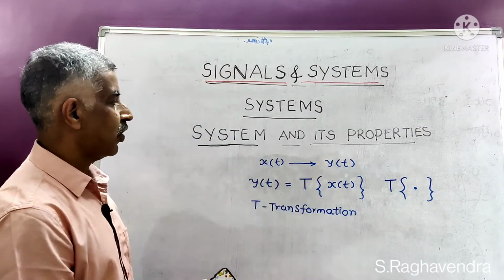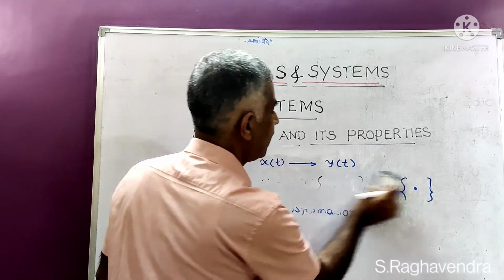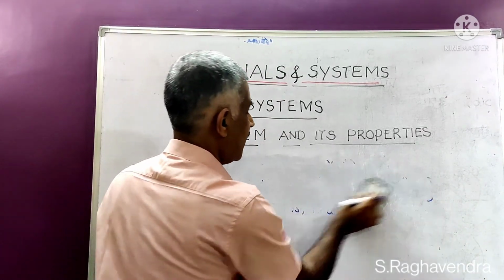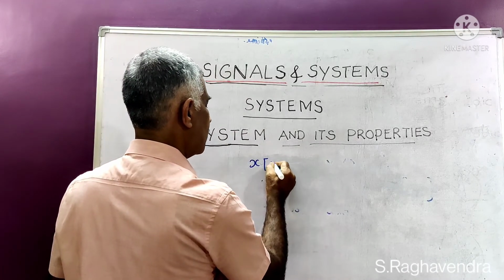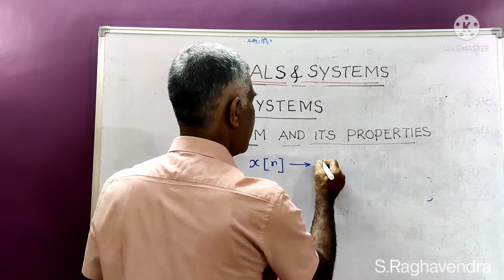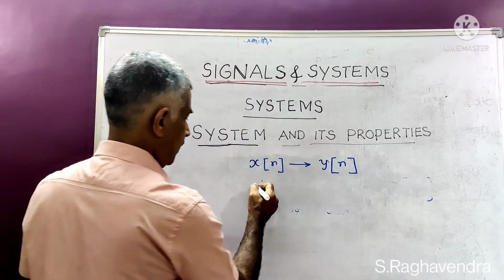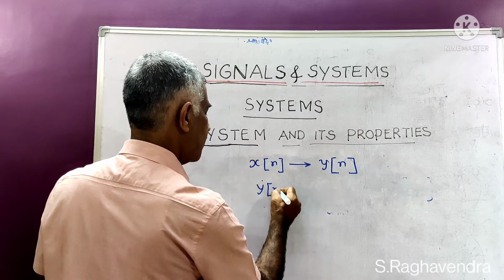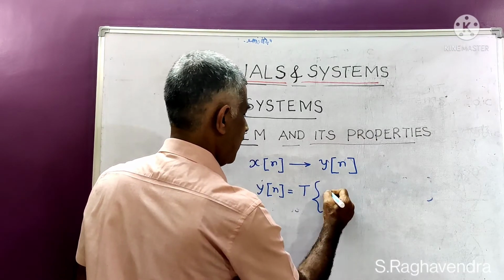This is one notation. In the same manner, discrete signals are also written like this: x of n goes to y of n, or y of n is equal to transformation on x of n.